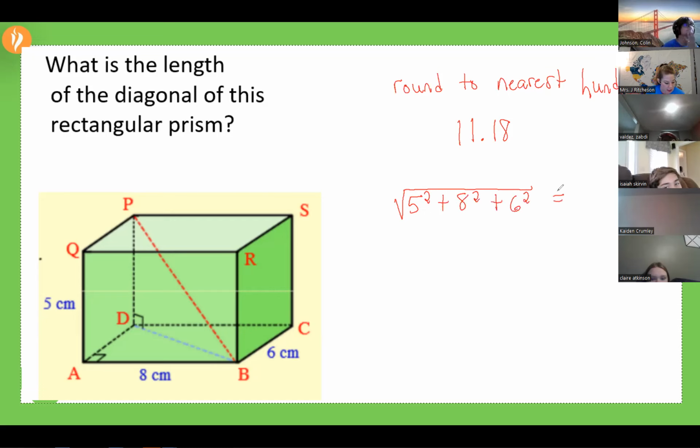You hit equals, and our calculator says 5 square roots of 5. But if we hit the double arrow button, we find the answer is 11.18. Okie dokie. Any questions?